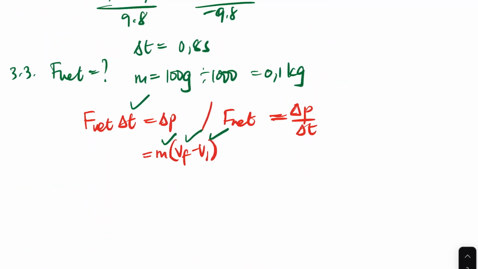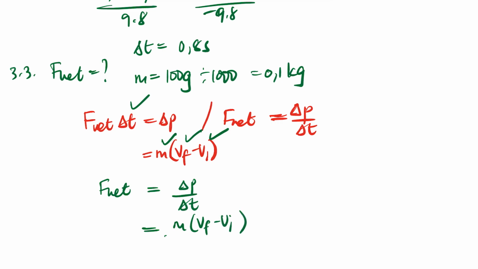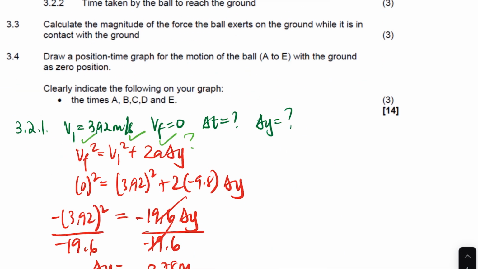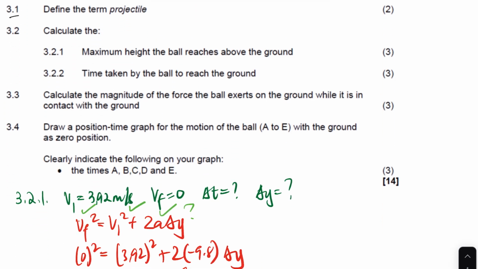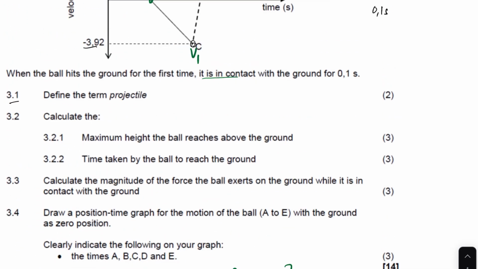So let's go to our formulas. Let me rewrite the formula. We want change in P over change in T, so it's going to be mv final minus mv initial, over our time, change in T. And the change in T, remember guys, we were given here. It says it is in contact with the ground for 0.1 seconds.